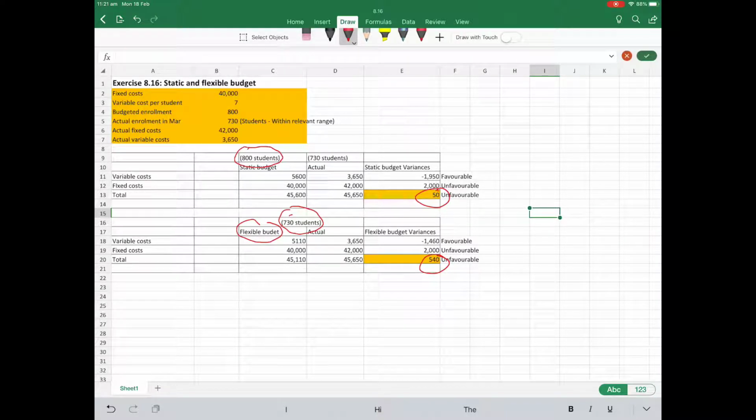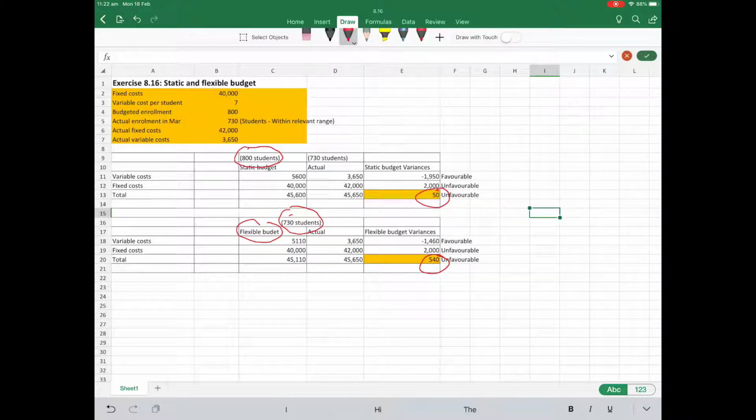Therefore, the flexible budget variance eliminates the effect of the difference in enrollment, the change in volume. The static budget variance includes something that happened with the variable cost, which we don't know yet, but also the effect of the change in the number of students enrolled. Therefore, the flexible budget variance actually tells you more about how much the variable costs have changed.